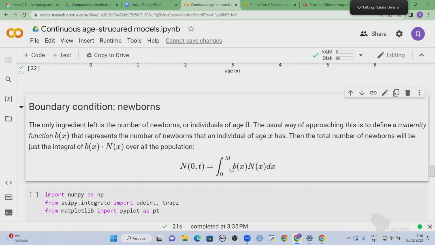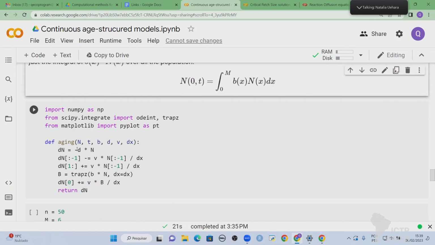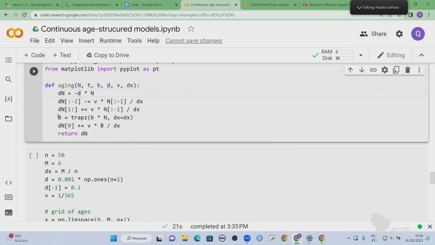Then I sum this over all age classes, or I integrate over all age classes, and this is going to be my number of newborns. So b here is the number of newborns, I integrate b times m, and this is the flux, the number of individuals getting into the first equation.